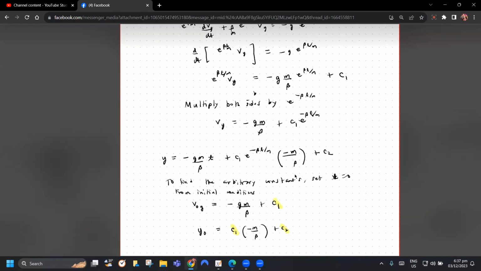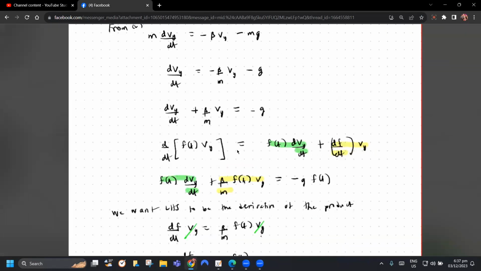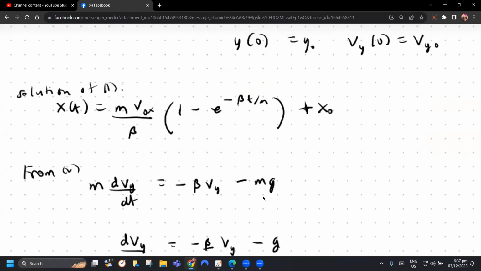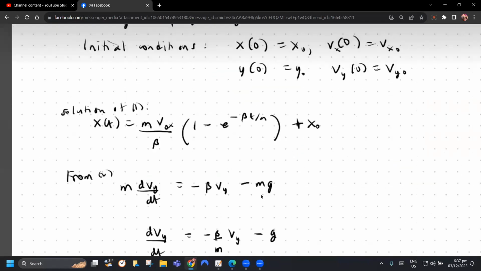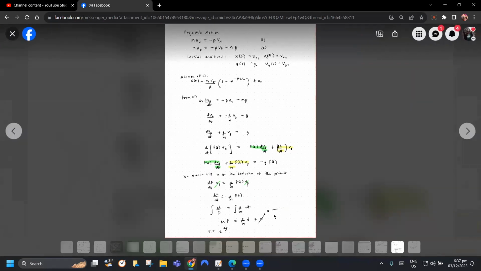As beta goes to zero, drag force is zero, di ba? Beta goes to infinity, drag force becomes larger and larger. Okay? So, for next time yan, you'll have a week para paglaruan yan. Make sure na alam mo yung paano gawin yan.